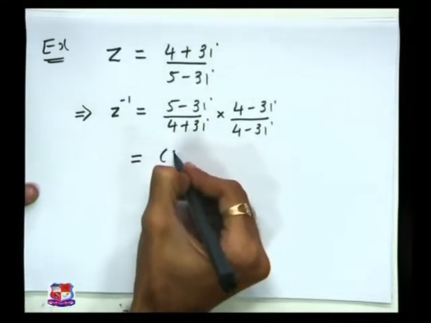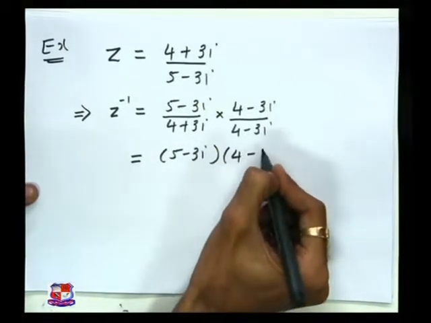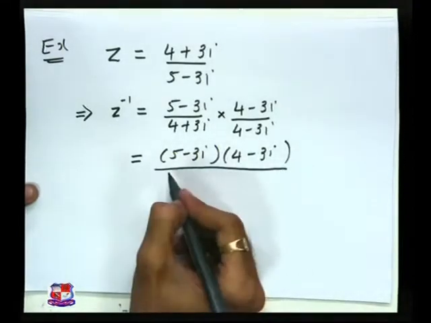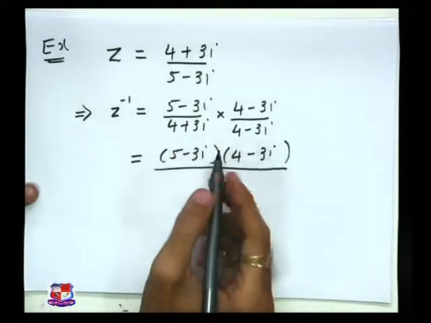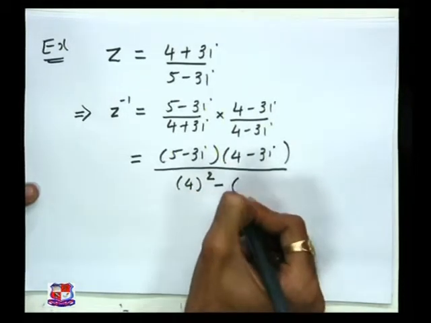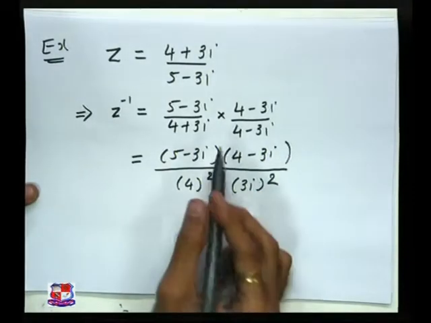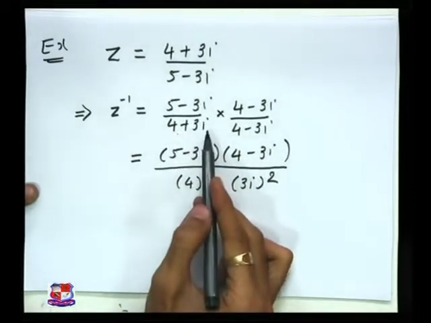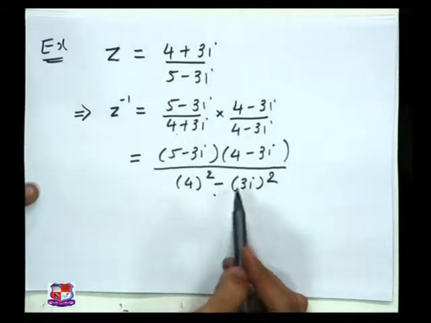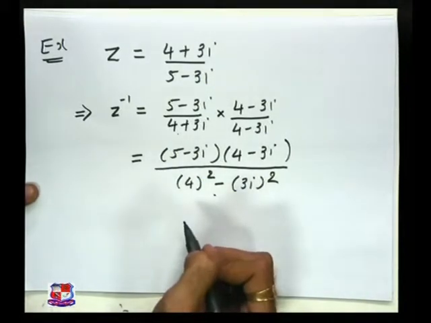By simplifying we get (5 minus 3i) into (4 minus 3i) upon (4 plus 3i) into (4 minus 3i), which is equal to 4 square minus (3i) square, because this is a plus b and this is a minus b, so the answer will be a square minus b square, where a is equal to 4 and b is equal to 3i.